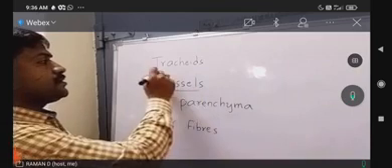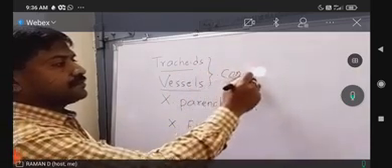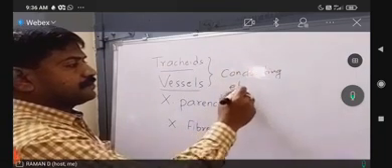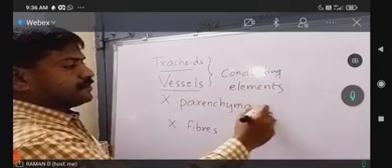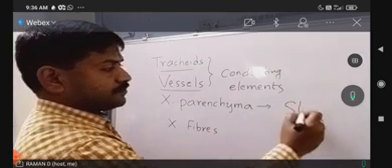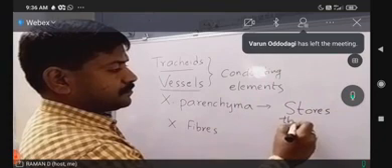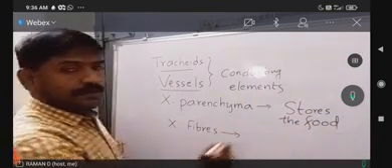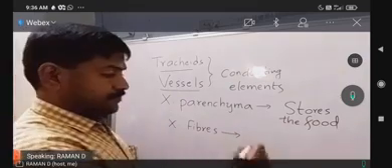Tracheids and vessels, they are the main conducting elements. Xylem parenchyma stores the food. And fibers, they provide mechanical support.